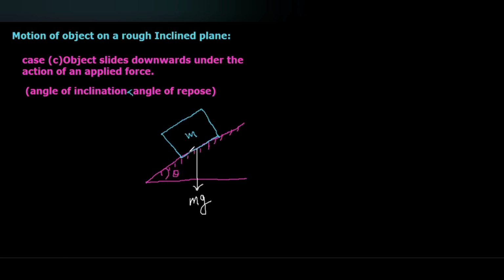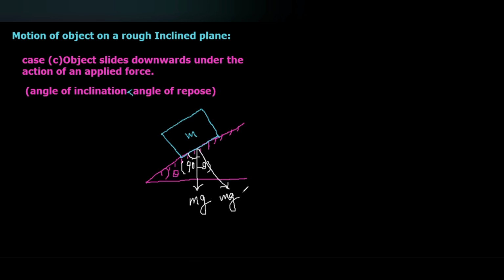If this is theta, we know this angle will be 90 minus theta. Okay. So for the reference plane, this mg will be an inclined force with the angle of inclination 90 minus theta. Okay. So we have to resolve this into two components.